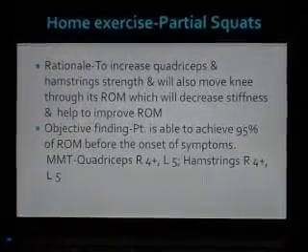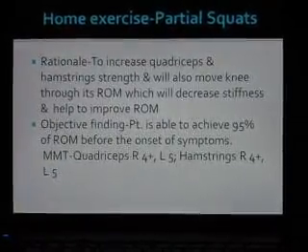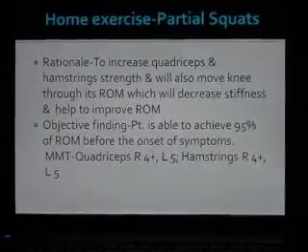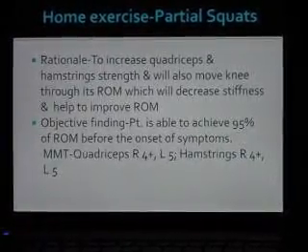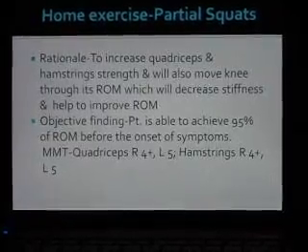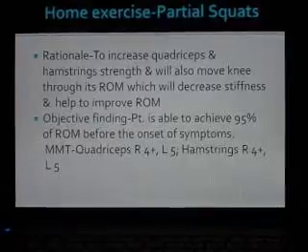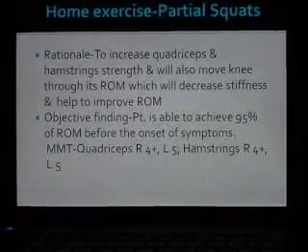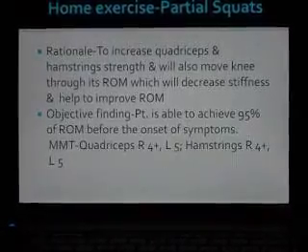The objective finding related to this exercise is that the patient is able to achieve 95% of the range of motion before the onset of symptoms. Also, the manual muscle tests are 4+ in the right quadriceps and hamstrings compared to 5 in the left quadriceps and hamstrings.